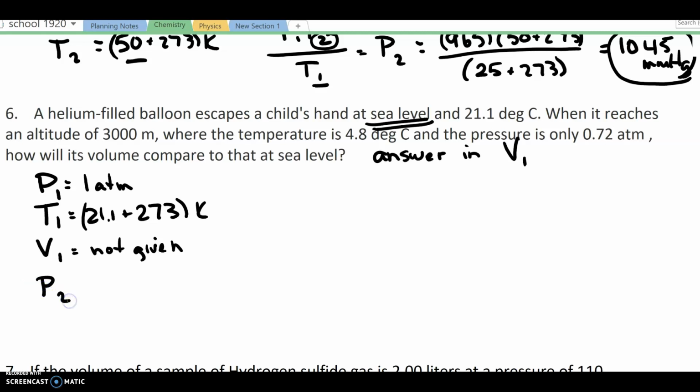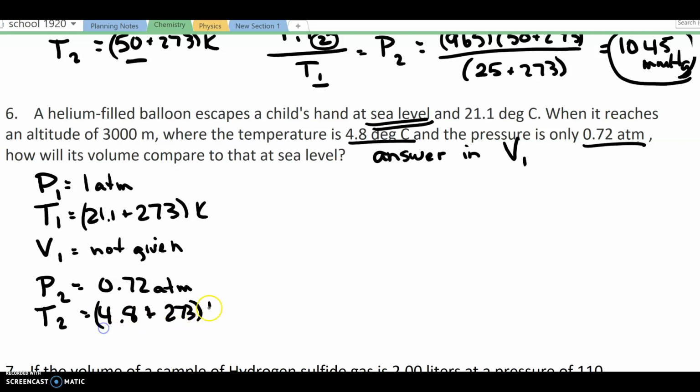P2 is 0.72 atmospheres. How do I fish that out? Because I look for the unit of pressure. T2, I fish that out where I see degrees Celsius, 4.8. Got to make it Kelvin, 273. And V2, that's what it told you to go find.